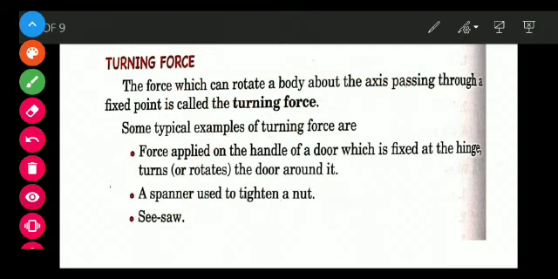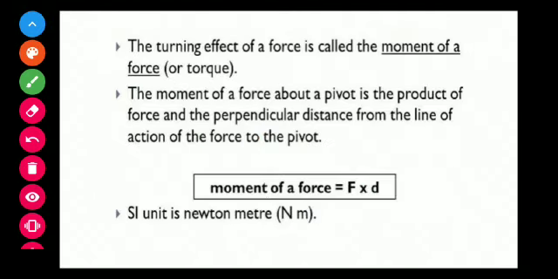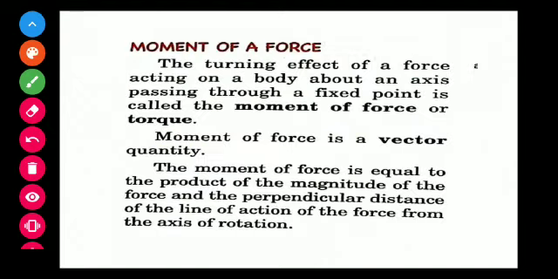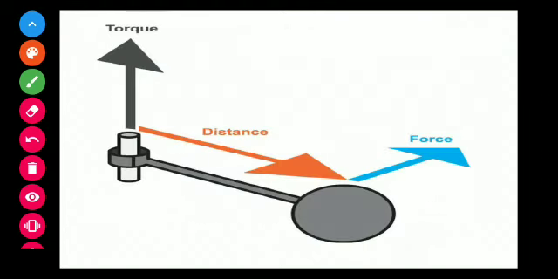Your next is, what is the turning effect? Moment of force. Next is, what is your moment of force? Let's start with an example. This is your body and we apply a force perpendicular to the body.